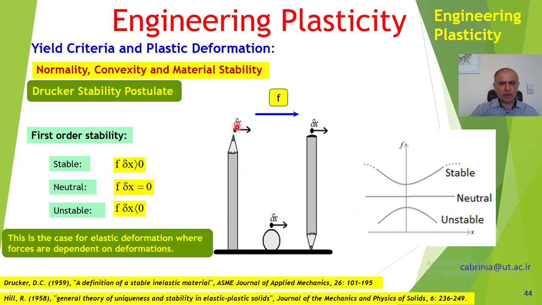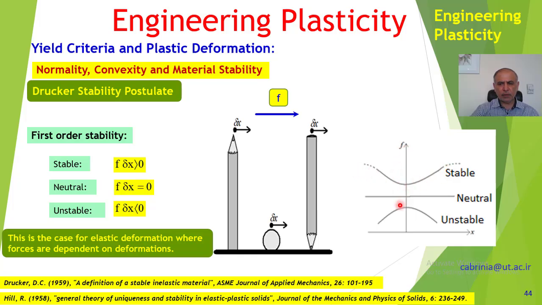The first one is this, the first position, stable position, and we show it like that. F delta x is positive because this is work, in fact. F delta x, force times displacement, is work, and you apply the work and it will come back to its original position, and we show it with this curve like this.